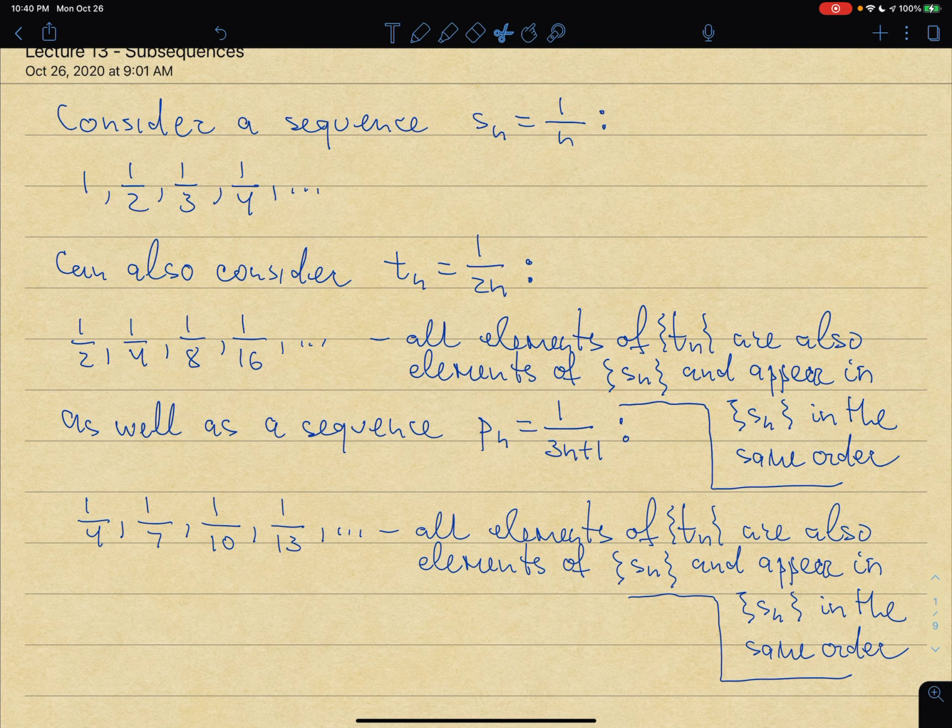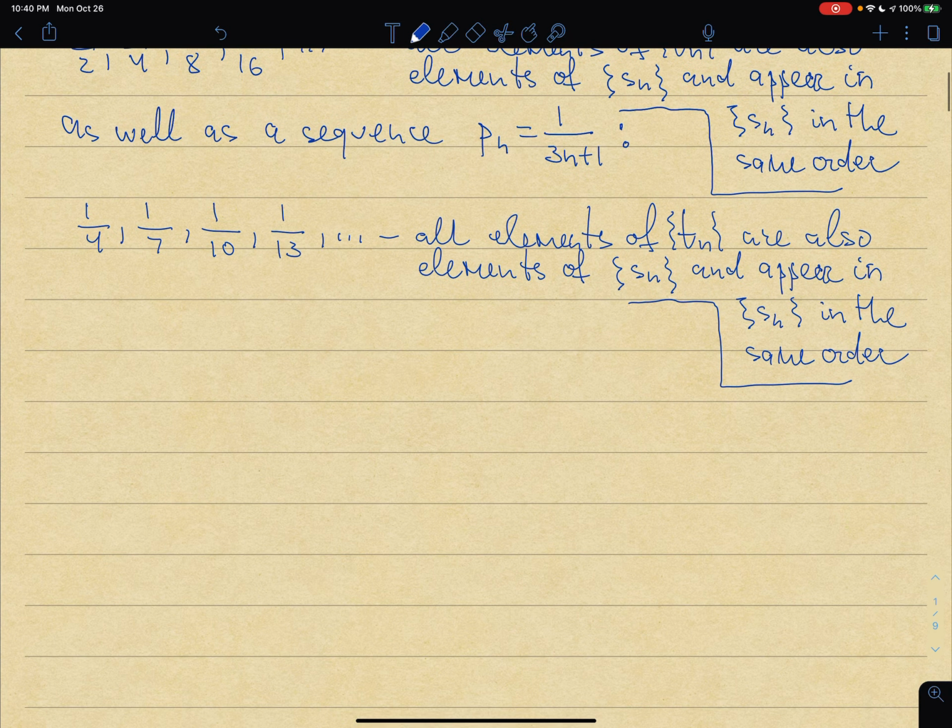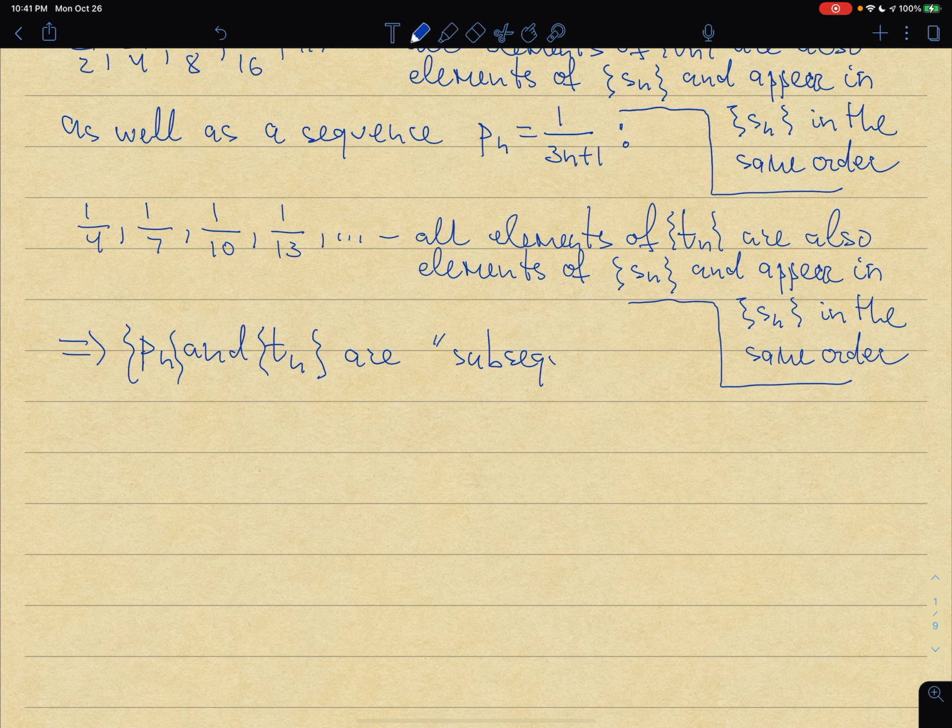So we will say that Pn and Tn are subsequences of Sn.